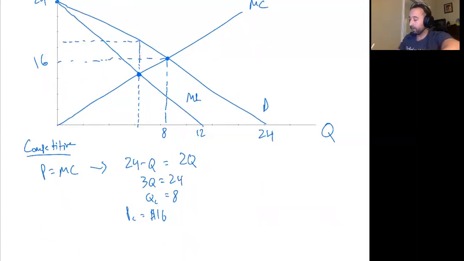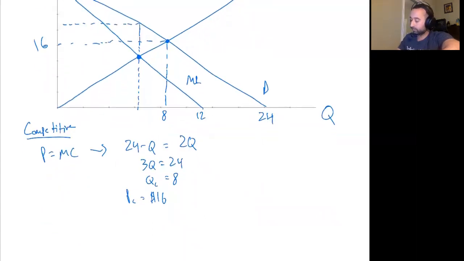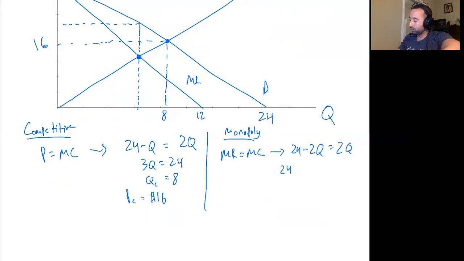That's where marginal revenue equals marginal cost, which implies that we have 24 minus 2Q, because that's our marginal revenue curve, equal to marginal cost. So now we have 24 is equal to 4Q, and so Q for the monopoly is equal to 6. That checks out because the quantity from the monopoly is less than the quantity under the competitive.